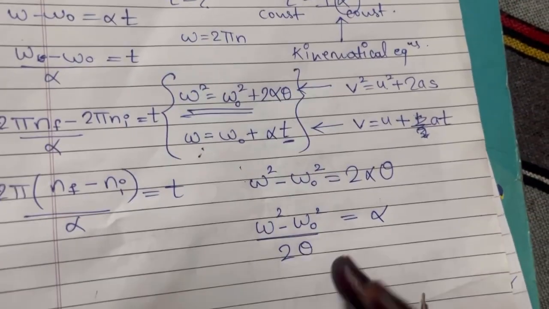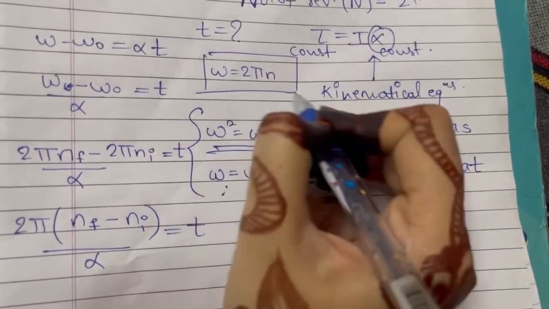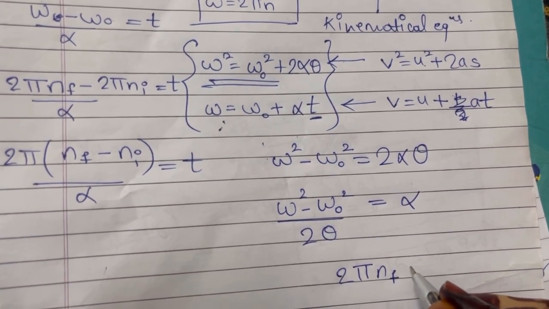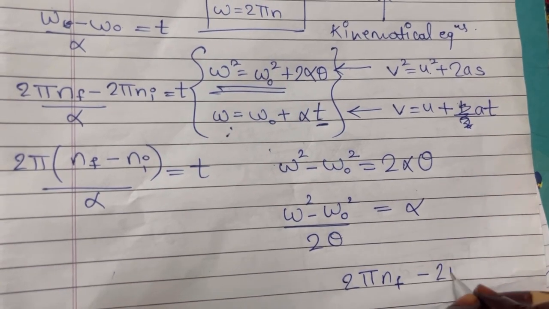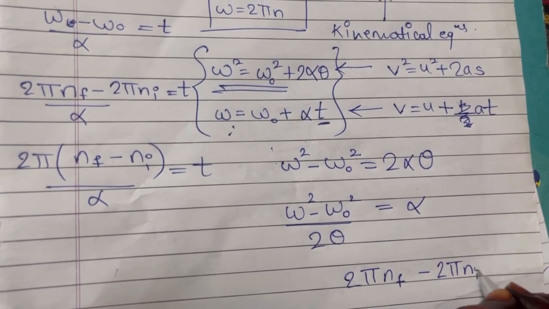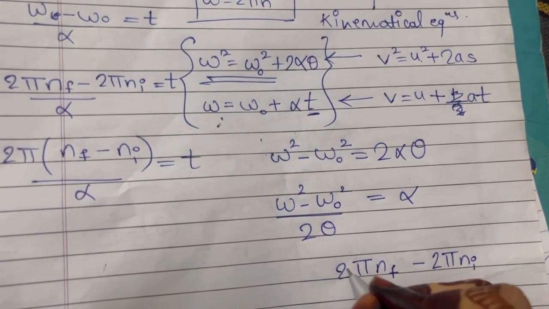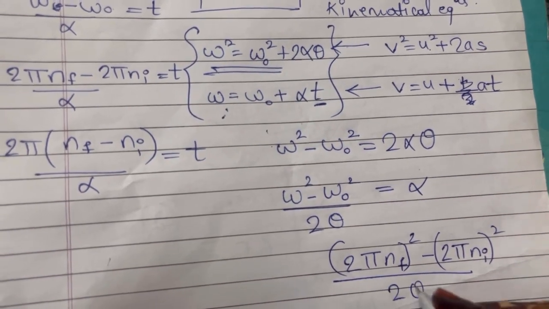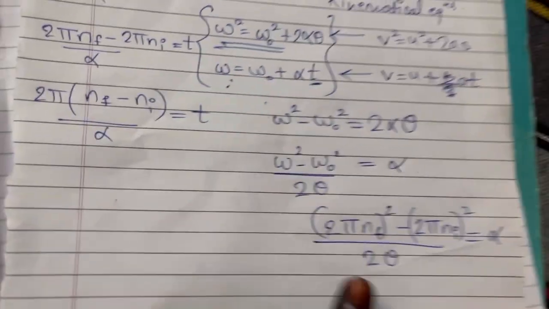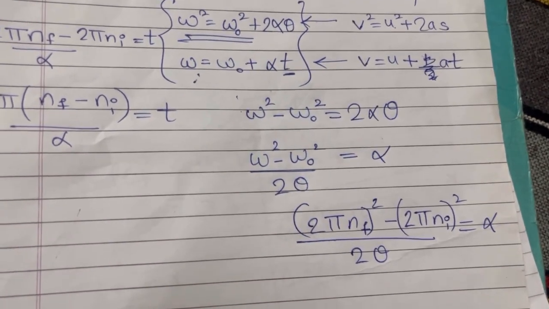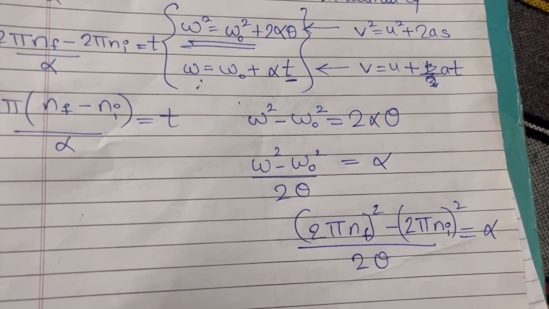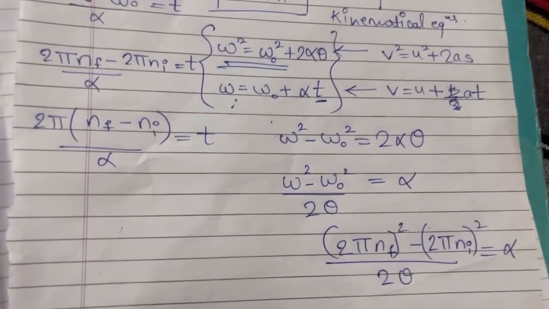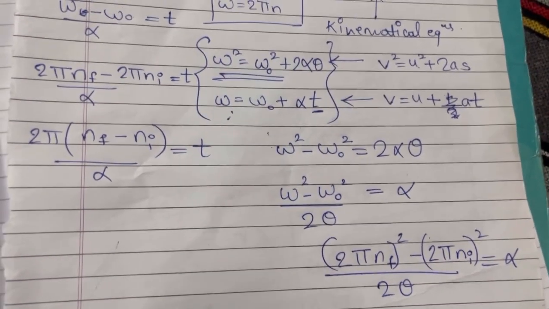Now again we know that omega is nothing but 2 pi n, so I'll do that substitution. 2 pi nf minus 2 pi ni, because this is initial angular velocity, the whole square on both, upon 2 theta, that is equal to alpha. Now we have all the values except the value of theta. So we'll not stop over here. We'll do some changes in both the equations and then move to find the value of theta.